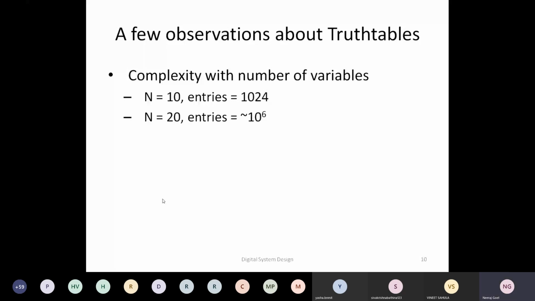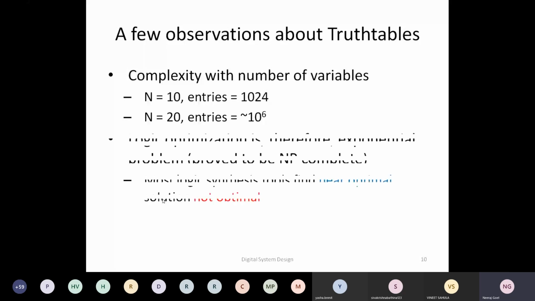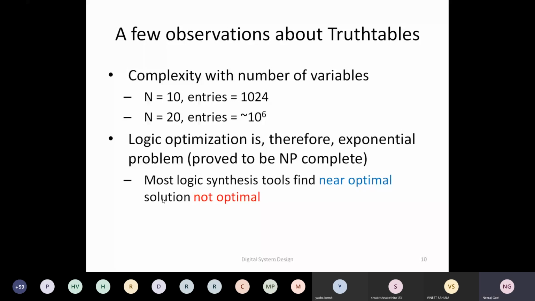Which also means that if I'm not even able to enumerate all the values, will I be able to solve it for an optimal solution? Possibly no. There is no way we can optimally solve this optimization problem, giving a minimal expression, when the number of variables is more than even 10.